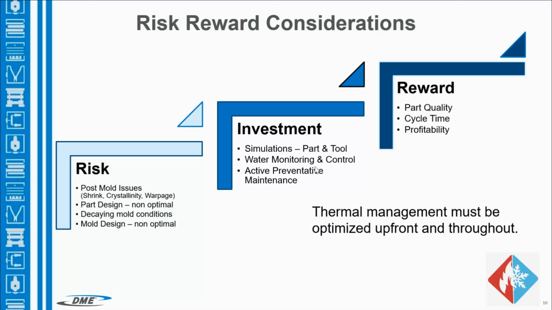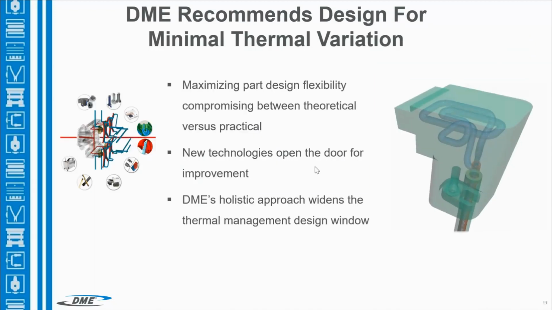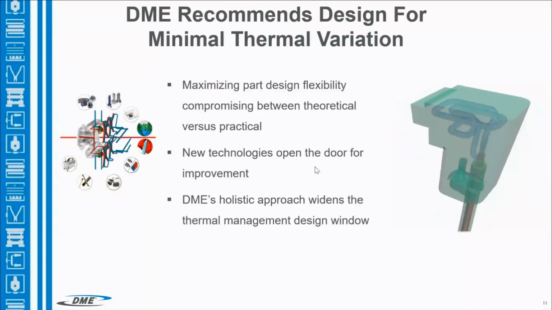So our recommendation at DME is really to design with maximum part flexibility. There's a lot of new tooling technologies that allow us to put unique features in molds, from collapsible cores to undercuts, very unique, very thin areas.